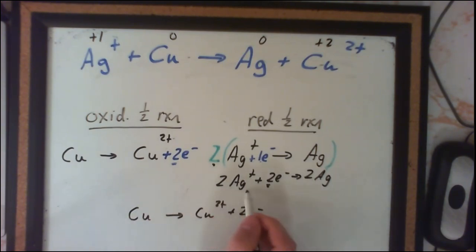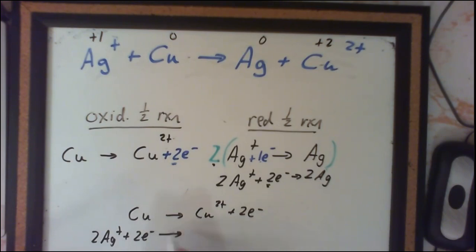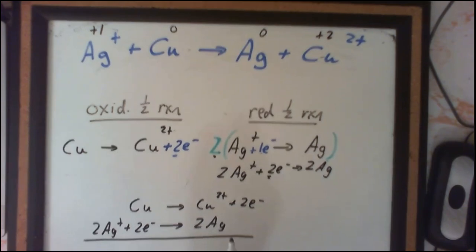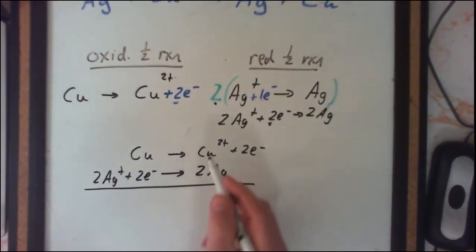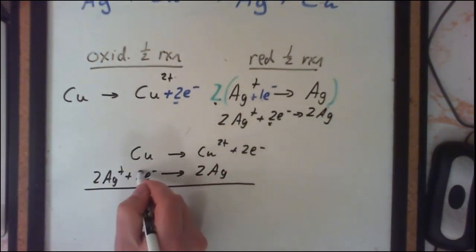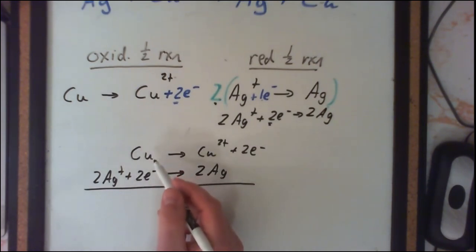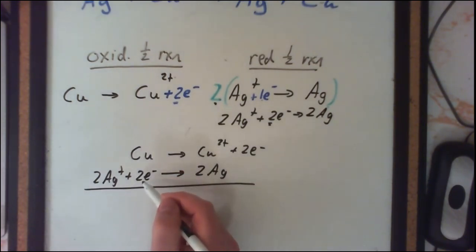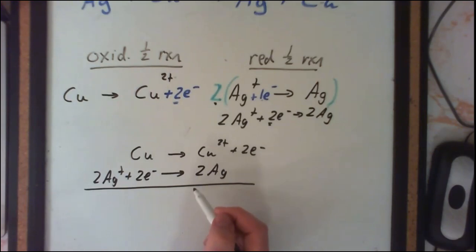My reduction half reaction now looks like this. I think it's worth the time to actually rewrite them this way, because remember, when we combine equations, we combine them the same way we combine algebraic expressions. 2 elements of the same type on the same side are added to one another, and on opposite sides, they subtract from one another.